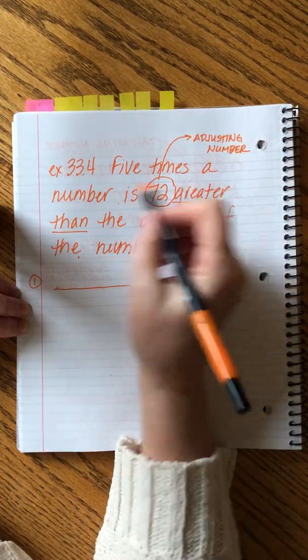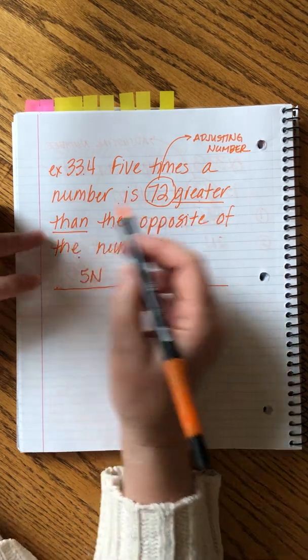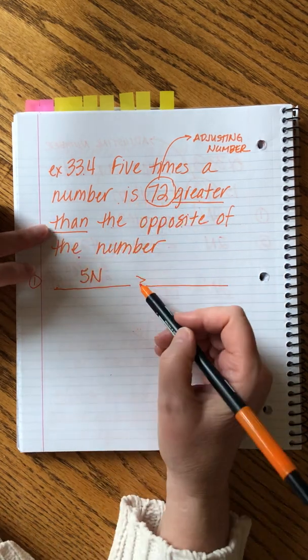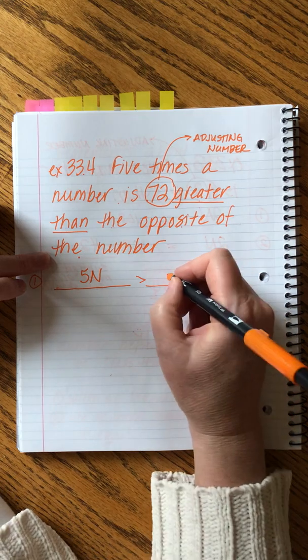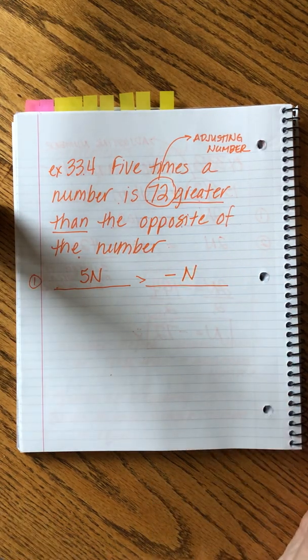Okay, 5 times a number is greater than, right? I ignore that number, is greater than the opposite of the number. There, I've written an inequality to get me started. Now I use the adjusting number to balance.